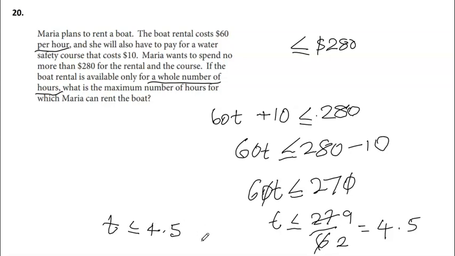Here we cannot approximate it to 5 because then she will end up spending more than 280. So we have to approximate it down. So t is equal to what? 4, right? So 4 is the maximum number of hours for which Maria can rent the boat, right? And this is for whole number of hours.